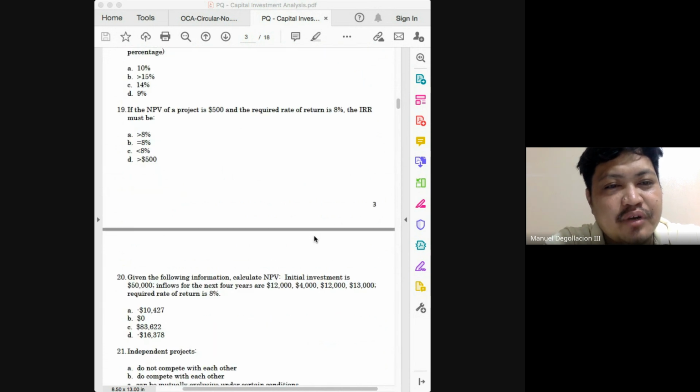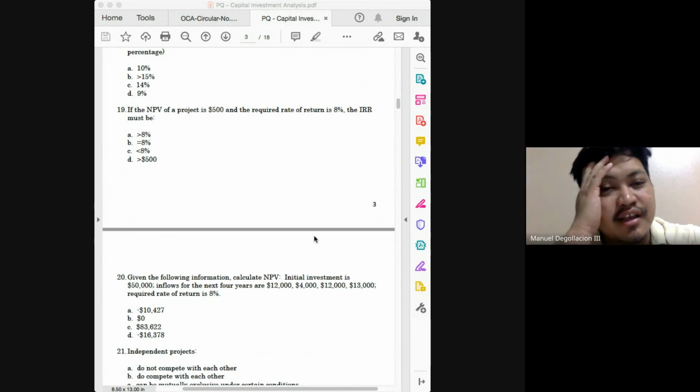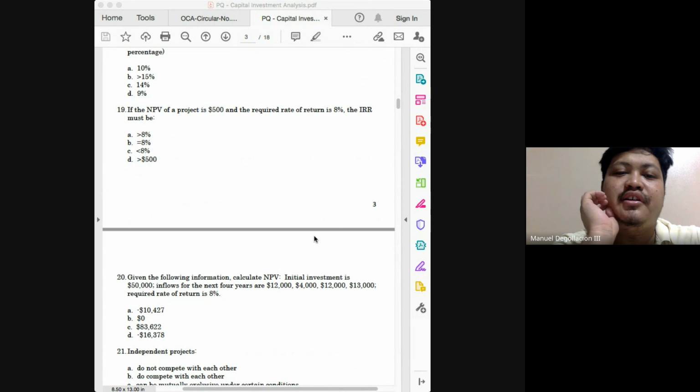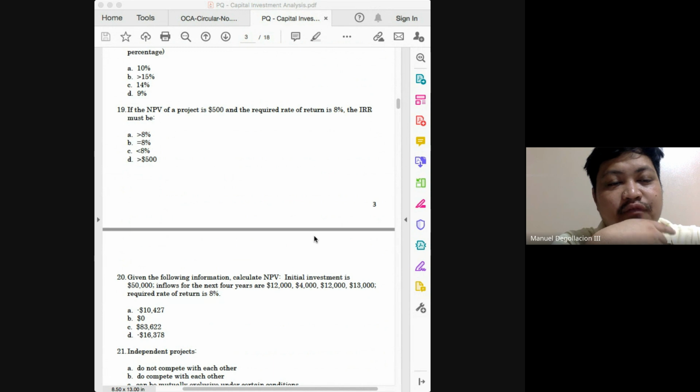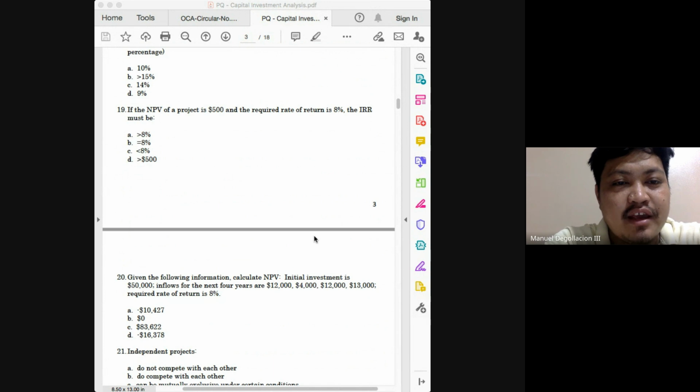Next, if the NPV of the project is 500 and the required rate of return is 8%, the IRR must be. So here you'll just have to analyze. If the rate of return is 8% and it has a positive net present value, remember that in IRR, the present value would be zero. So if the NPV is 500, what does that mean? The present value of the inflows is greater than the present value of outflows by 500. And what's the scenario in your IRR?